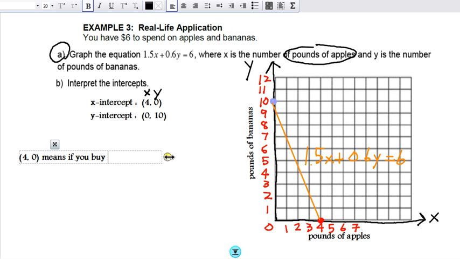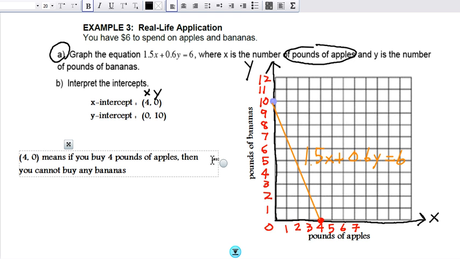So if you buy 4 pounds of apples, then you have 0 pounds of bananas, which means you can't buy any bananas. There are no bananas. So if you buy 4 pounds of apples, then you cannot buy any bananas because that's 0 pounds of bananas.